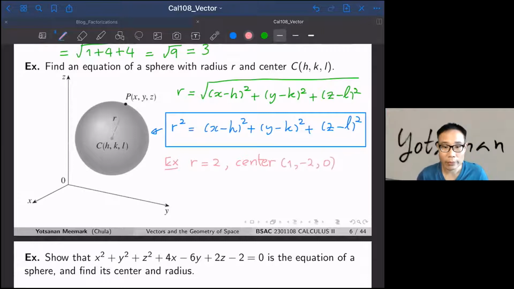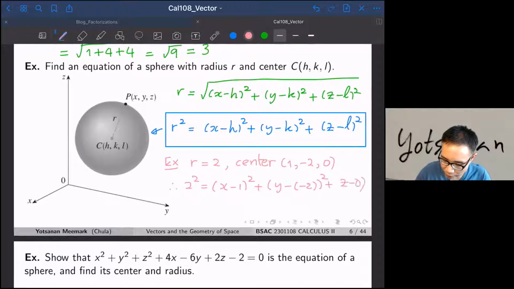So if the center is (1, negative 2, 0) and r equals 2, then in this case you're going to have 2 squared equal to (x minus 1) squared plus (y plus 2) squared plus (z minus 0) squared.